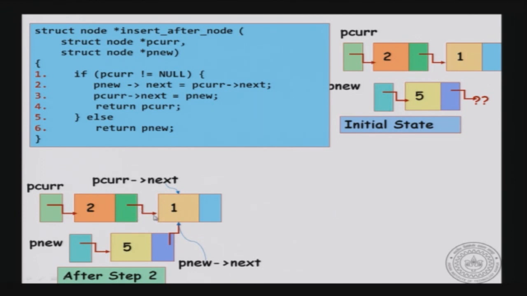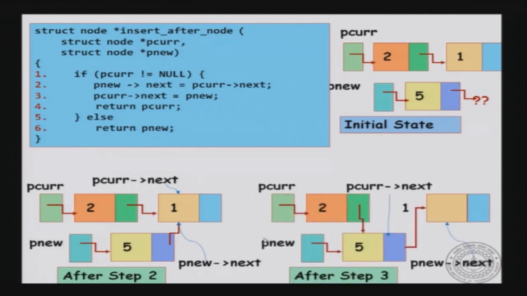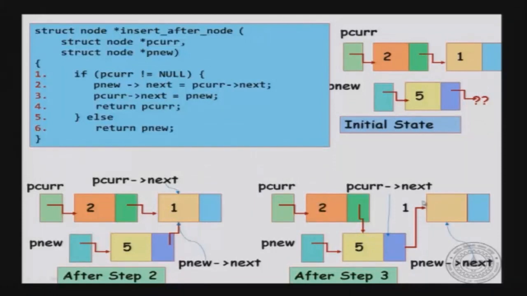Please look very carefully. 5's next will point to 1 and at this point 2's next is also pointing to 1. So, there are 2 nodes whose next is 1, which is fine, because we have not completely inserted 5 into the list yet. Now, at this point I will just detach 2's next and make it point to 5. So, there you go. After step 3 you have essentially inserted 5 into the list.